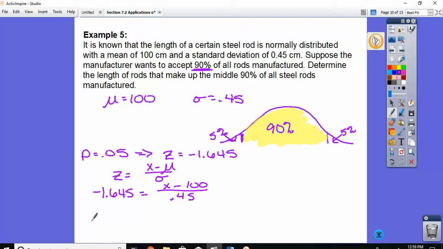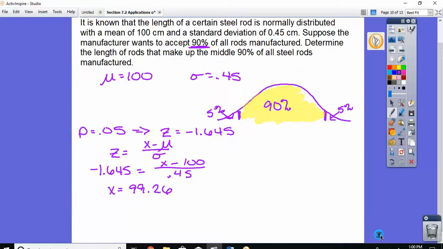So multiply over the 0.45, add over your 100. And then 99.26. So that's the smallest it could be in this scenario. I still need to find this length up here, don't I?